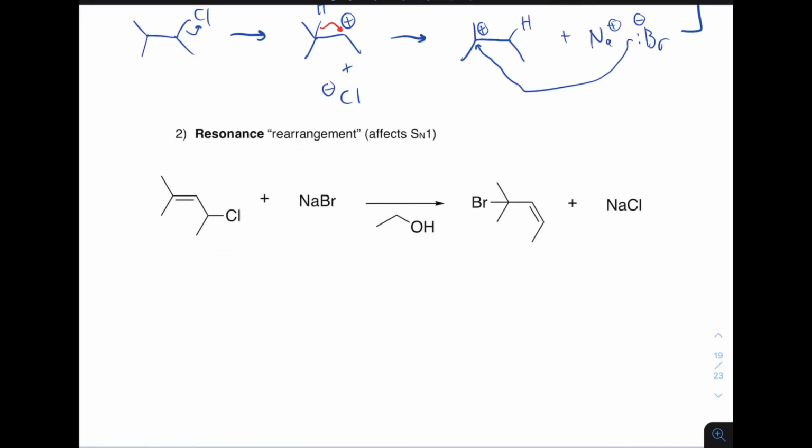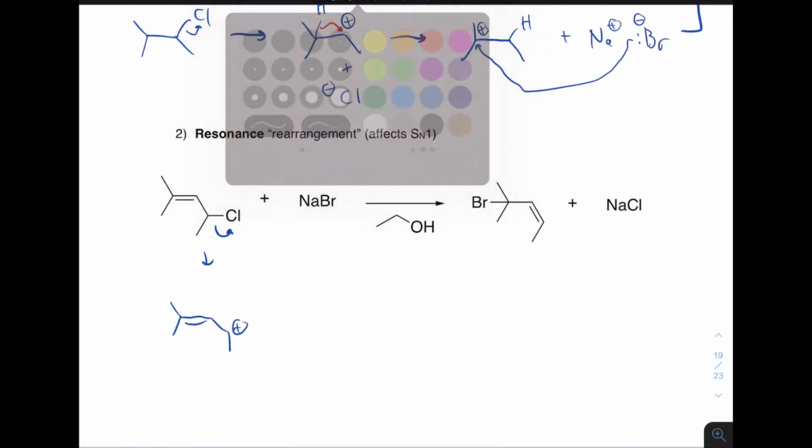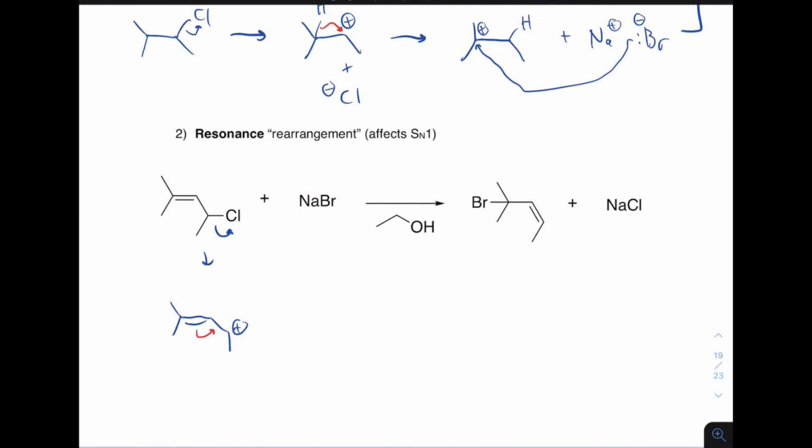And so as you can imagine, with chlorine leaving on its own, as you would do in an SN1 reaction, we are left with a secondary carbocation next to a double bond, which we know can undergo resonance.